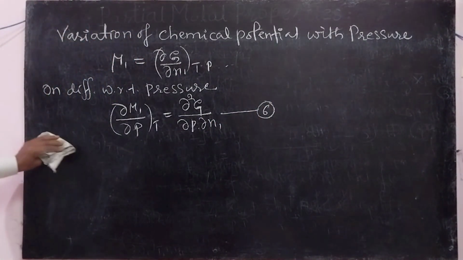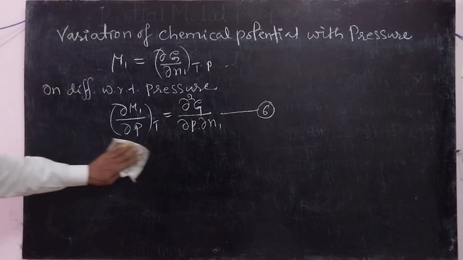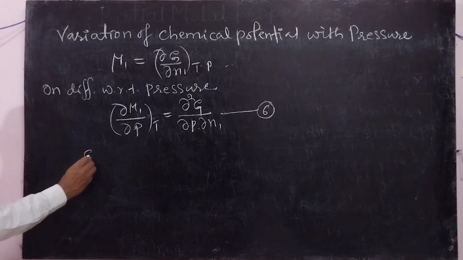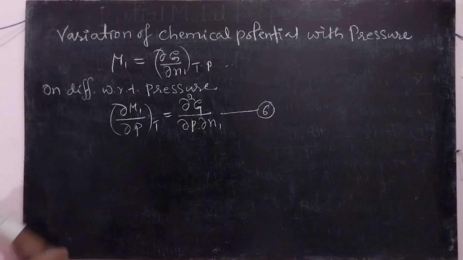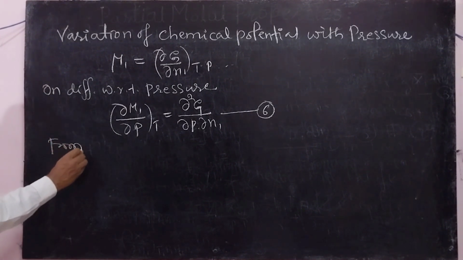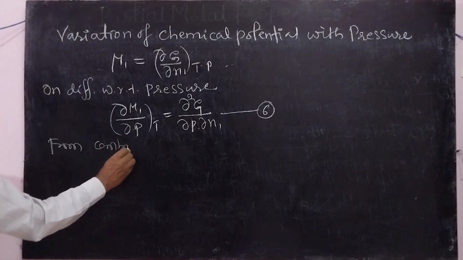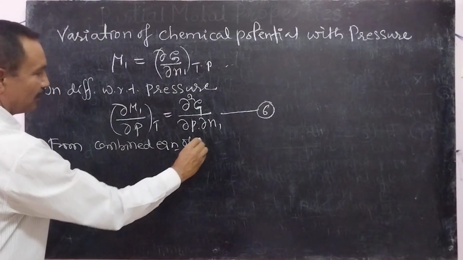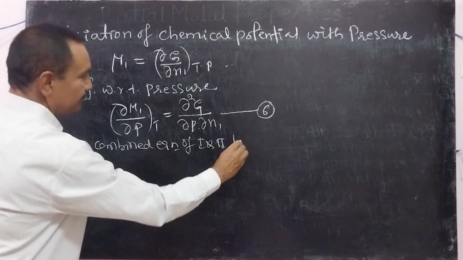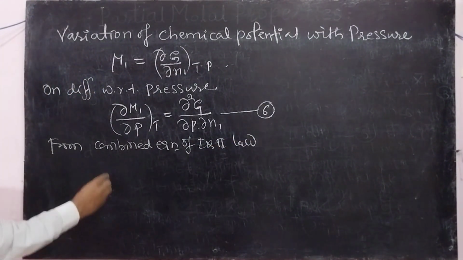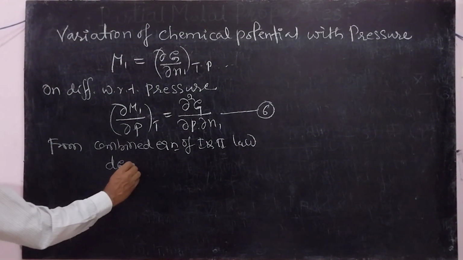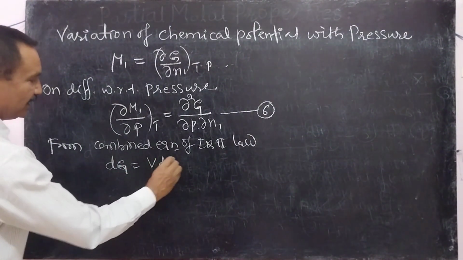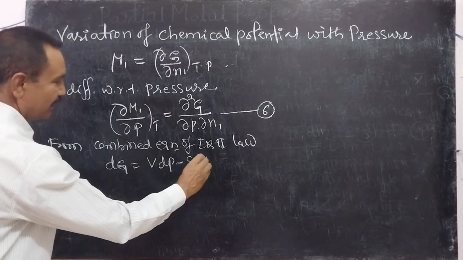Now, from the combined equation of first and second law, we know that dG equal to V dP minus S dT.